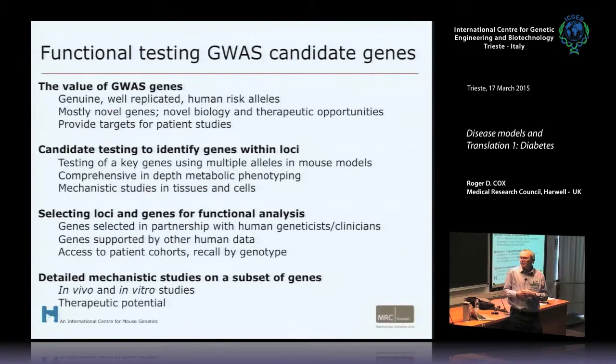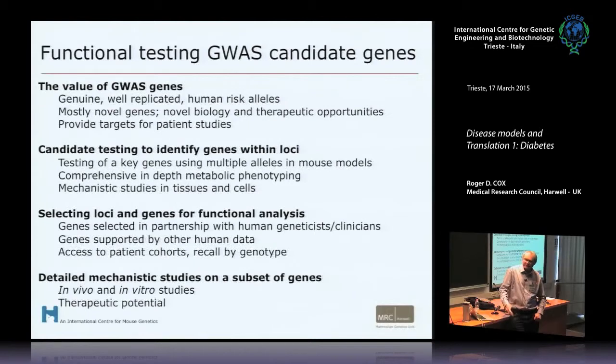There are 90 or so loci, so we're selecting loci based on data from human geneticists, our collaborators, who are involved directly in these genome-wide association studies and are doing follow-up studies, such as sequencing patient groups and doing fine mapping. And we're choosing genes that are supported by other human data, where we can, through our collaborations, potentially get access to patient cohorts that are recalled by genotype.